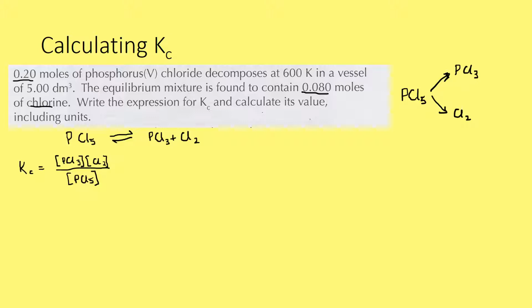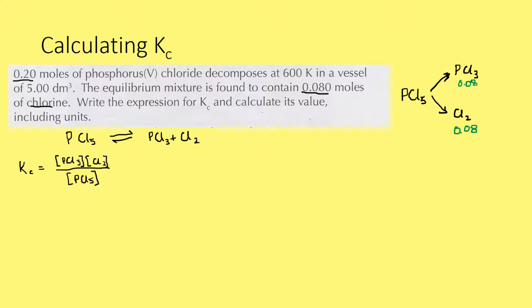So from each molecule of phosphorus pentachloride, we get 1 molecule of phosphorus trichloride and 1 molecule of chlorine gas. So from that we can see that at equilibrium, if we have, as we do, 0.08 moles of chlorine gas, we must also have 0.08 moles of phosphorus trichloride. We know that, and that's at equilibrium.